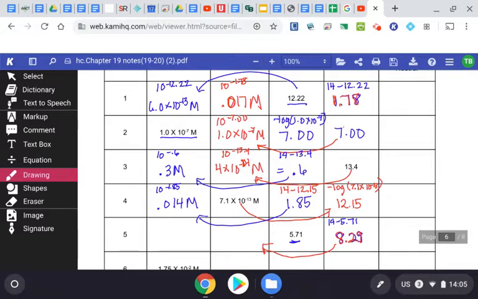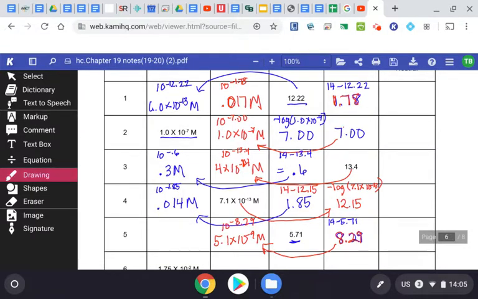To do that, I have to take the antilog of negative pOH, which is going to be the 10 to the negative 8.29. That number there has 2 decimal places, so my answer will end up with 2 significant figures. That comes out to be 5.1 times 10 to the negative 9th molar.